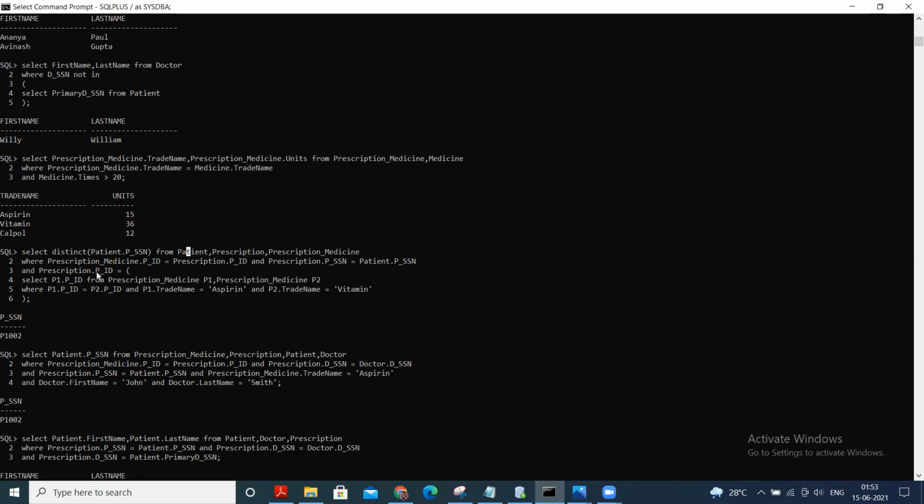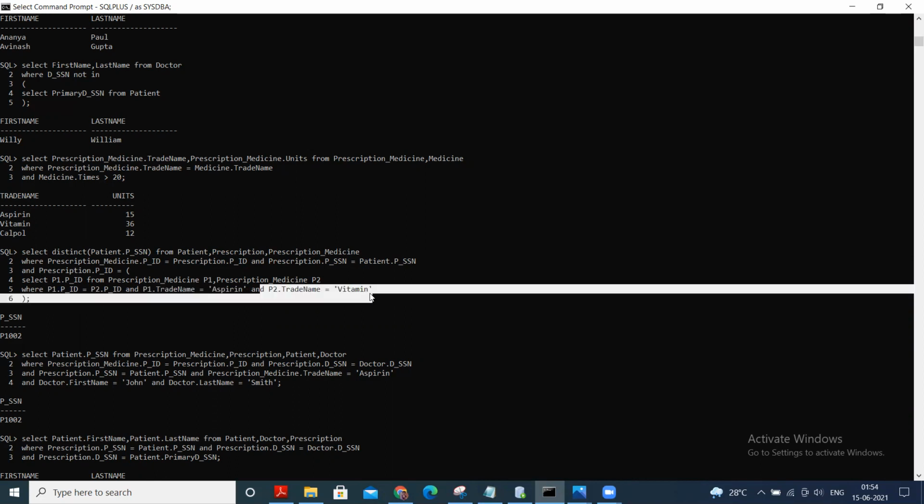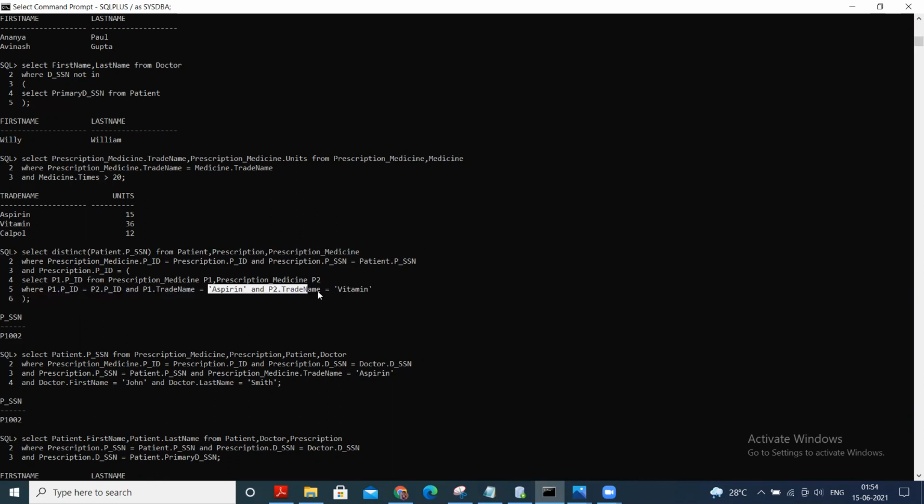And prescription.pid equals, the inner query, select P1.pid from prescription medicine P1 and prescription medicine P2, where P1.pid equals P2.pid and P1.trade name equals aspirin and P2.trade name must be vitamin. So these two things must be there. So P1002 is the output.